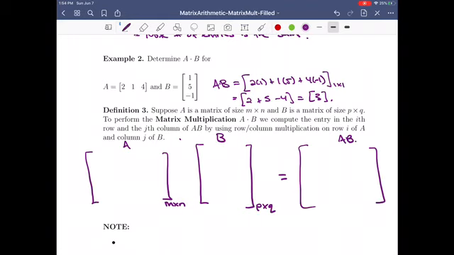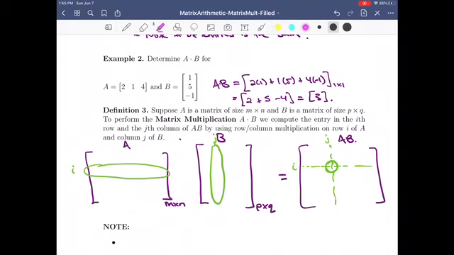Let's say that I take something in row i, column j here. To compute this entry, I'm going to take row i of A and column j of B, and multiply this row by this column. The number we get is going to be that entry there.